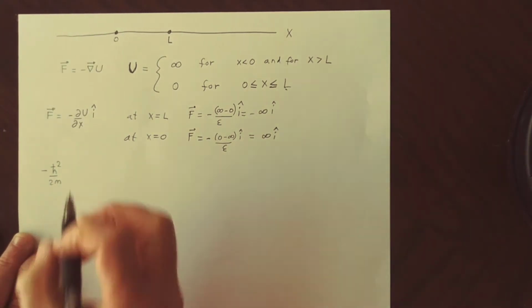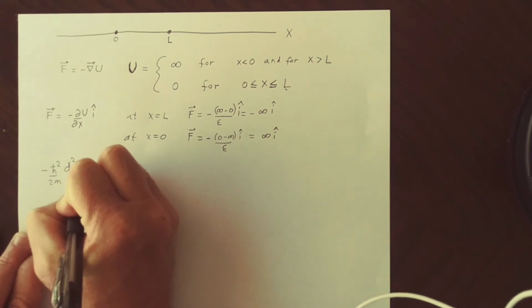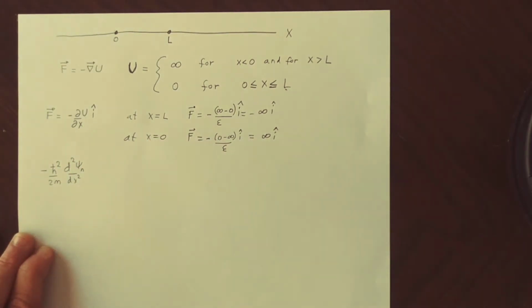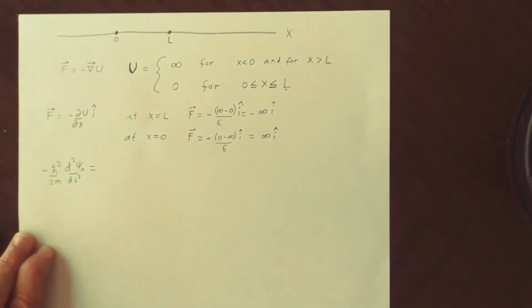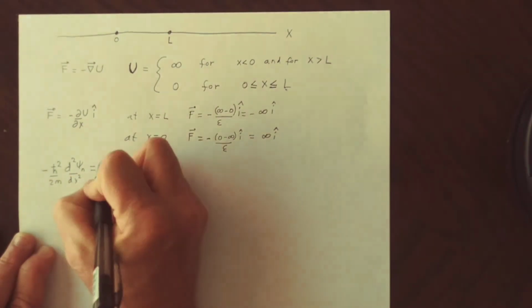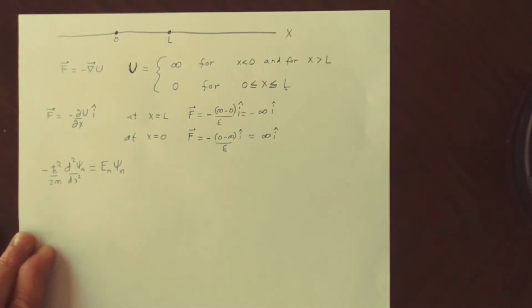So there's a kinetic term, right, so it looks like that, and then the potential is 0 in the region that we're considering, where the particle can live, and this is equal to E times the function. So we'll put an index here, indicating that there could be different solutions or different values of the energy. The particle could have different energies. We're going to determine what their values are.